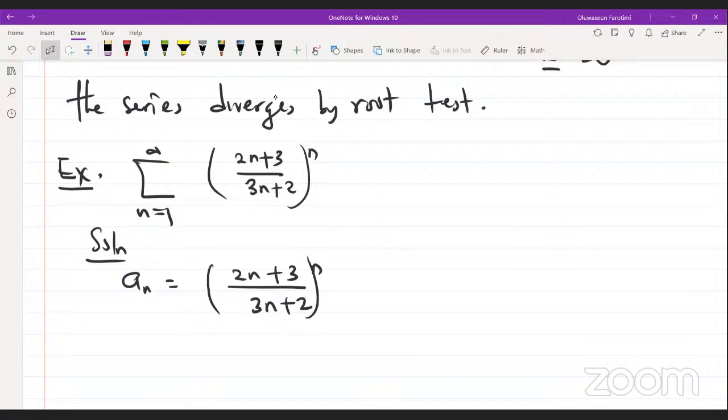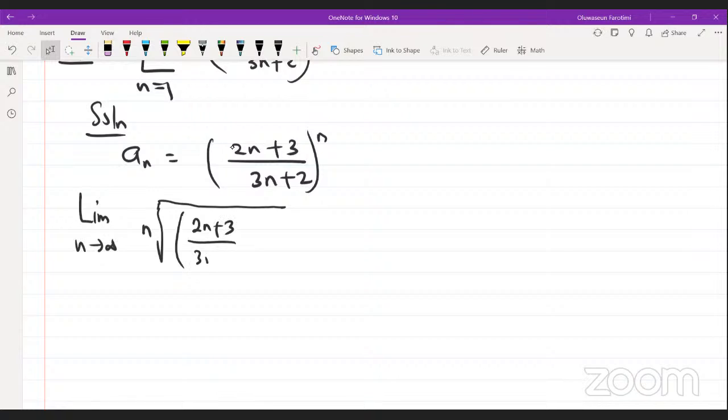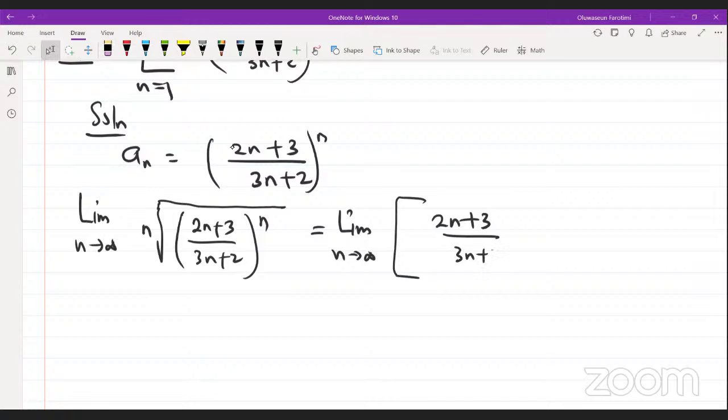Now I will not bother about the absolute value here because I'm sure that this a_n is positive. So I move to the next phase, the limit of the nth root of a_n, which is (2n plus 3) over (3n plus 2) to the n. Limit as n goes large.